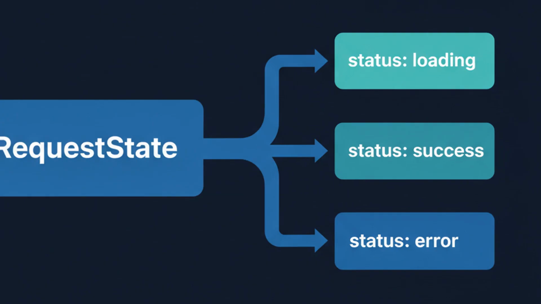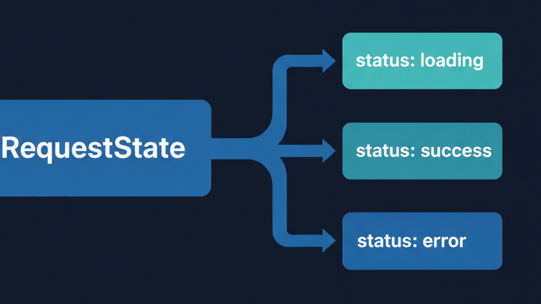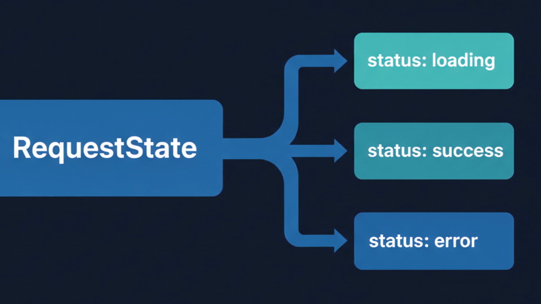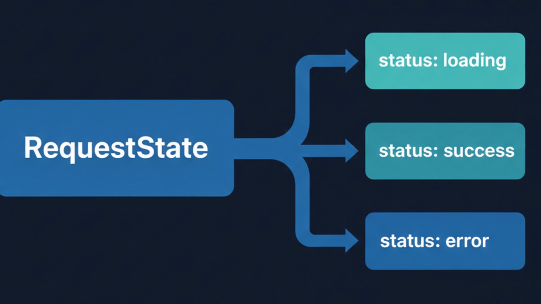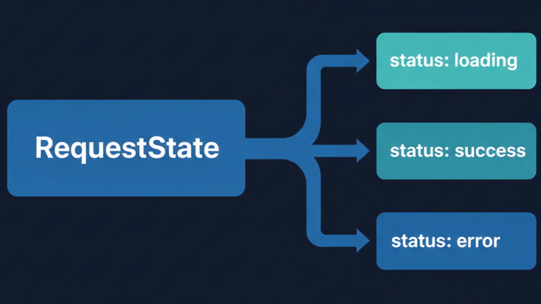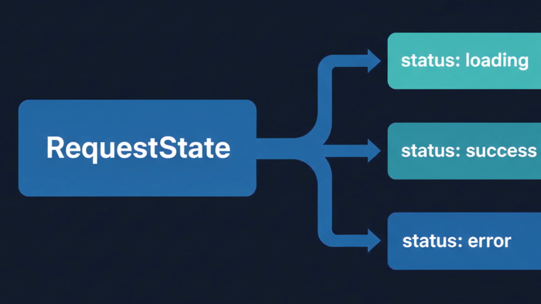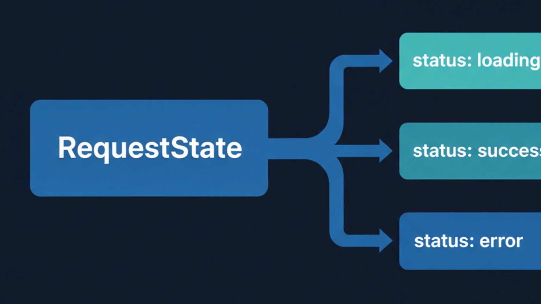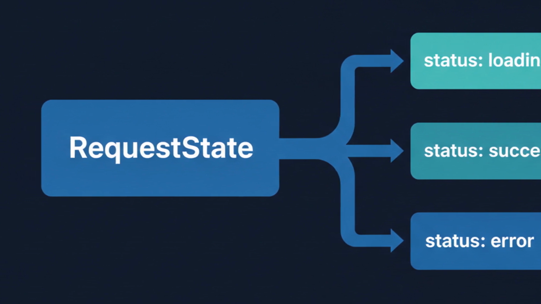Now let's combine everything into the single most useful pattern in TypeScript, the discriminated union. The idea is simple. You build a union of object types, and each object shares one common field, a literal tag, that tells you which variant you're holding. Let's model a network request that can be loading, successful, or failed.